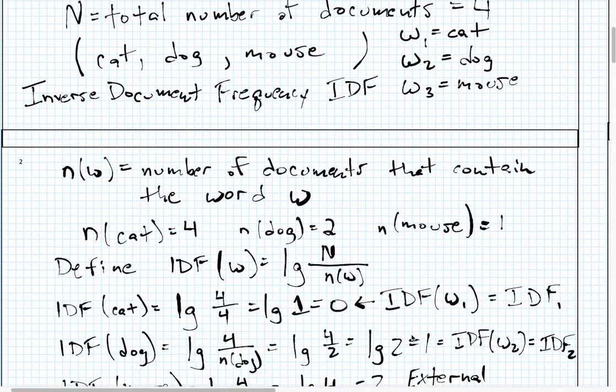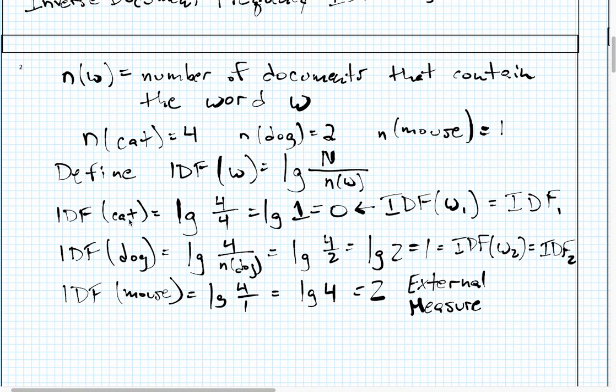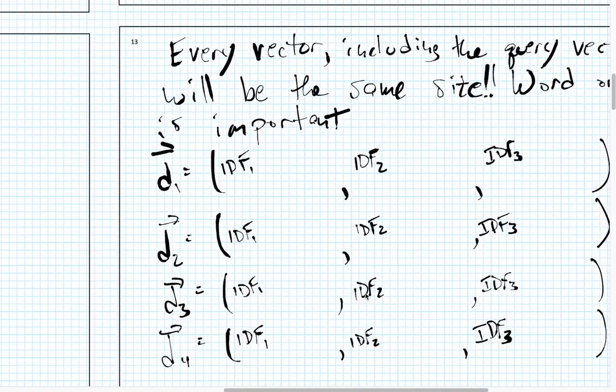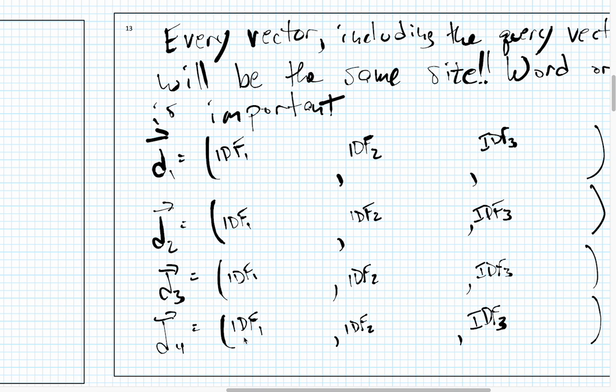Okay, again, we calculated those numbers. The inverse document frequency of the first word was 0. The inverse document frequency of the second word was 1. The inverse document frequency of the third word was 2. So when I come over here, these are all going to be zeros. These are all going to be 1s. These are all going to be 2s.